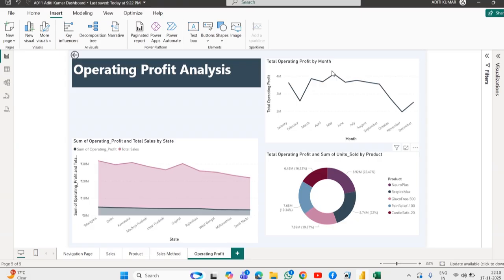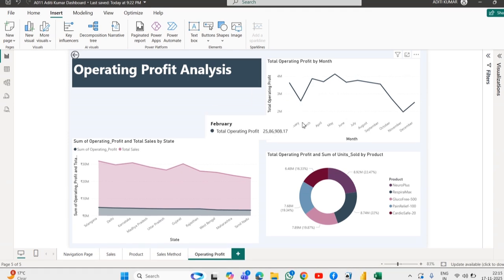Coming to the last, the monthly profit trend, shown with the line chart. It is best used for sequential trend analysis. It denotes the seasonal profit movement, and it helps in budgeting and planning. So this line chart particularly helps me in denoting the total operating profit by month. I can clearly see in which particular month the operating profit is high, and in which month it is low.